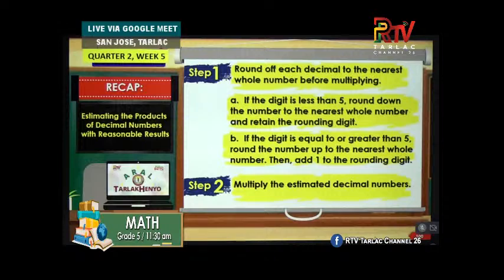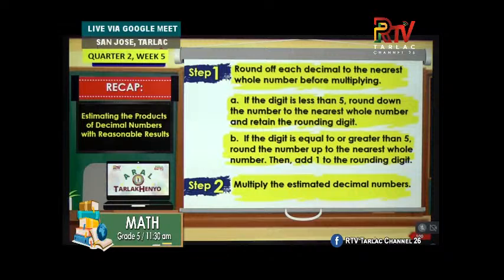To find a reasonable estimate using decimal numbers, all you have to do is to follow these steps. Step 1. Round off each decimal number to the nearest whole number before multiplying. In rounding off decimal numbers, we follow the general rule.